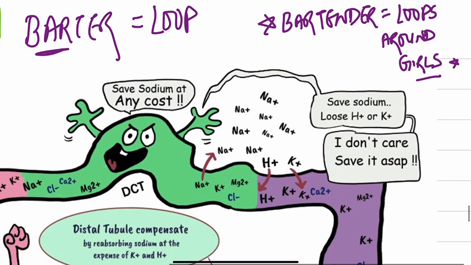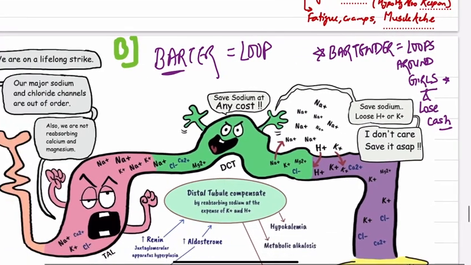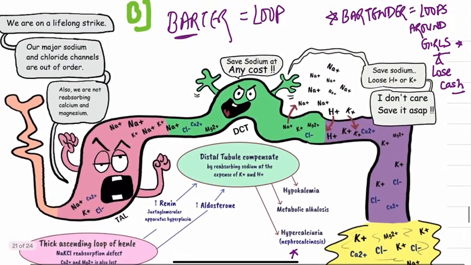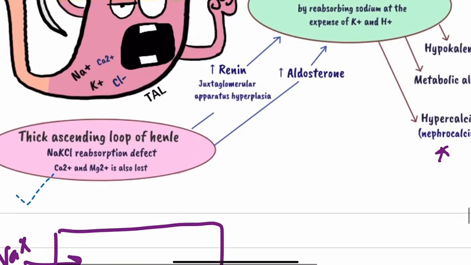Lose cash means it loses magnesium and calcium here. What is happening here is that it acts on the thick ascending loop of Henle.